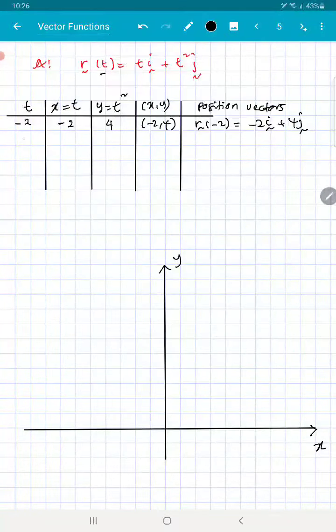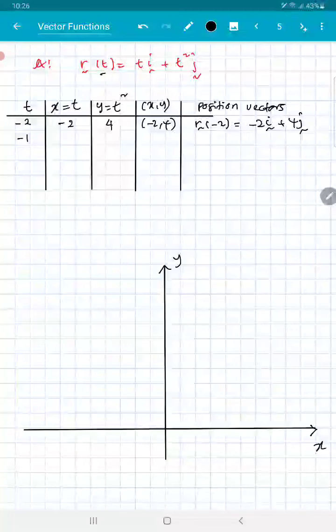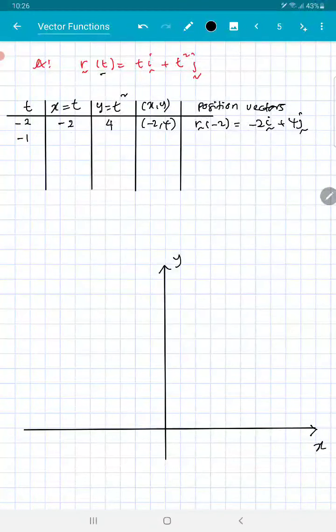And let's say we pick t is negative 1. Then for the x component, we have negative 1, and for y, we have positive 1. So we have another point, negative 1, 1, and another position vector when t is negative 1, which is negative i plus 1j.